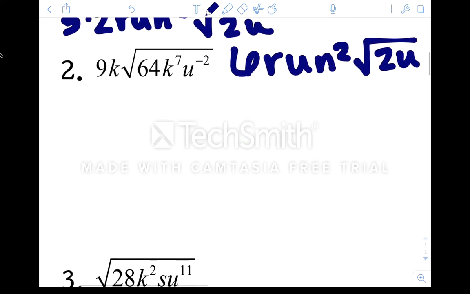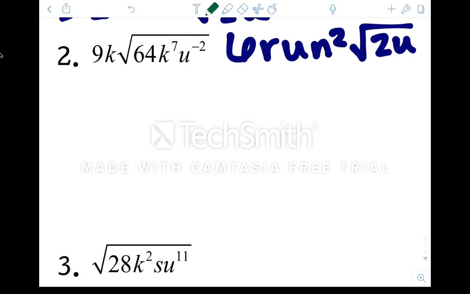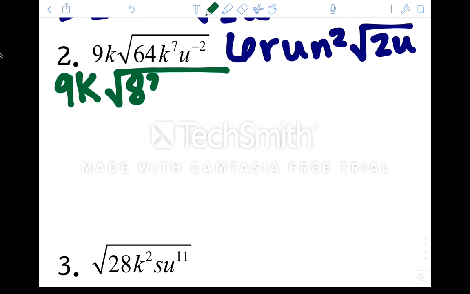All right, number 2, 9k times the square root of 64k to the 7th, u to the negative 2. So first, let's look under that radical. So I'm going to go ahead and rewrite this 9k. 64 is a perfect square, so I can write it as 64, or I can write it as 8 squared.